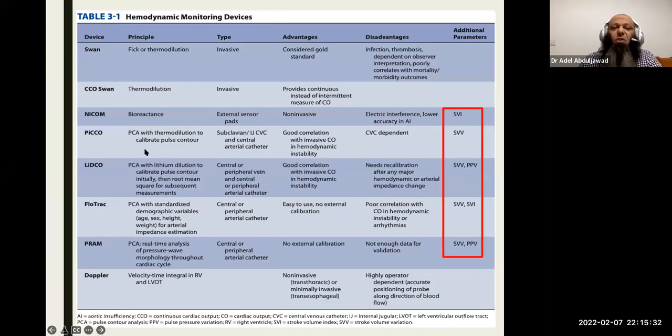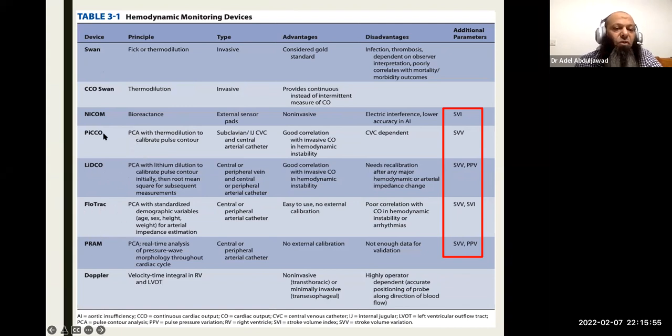These are most of the common tools that we have in the ICUs for hemodynamic monitoring, like the Swan-Ganz, the NICOM for bioreactance or bioimpedance, the PiCCO using pulse contour analysis, LiDCO, the FloTrac, and PRAM.